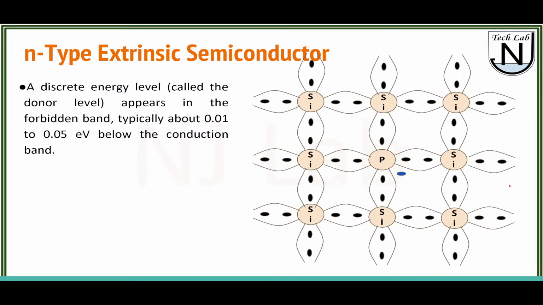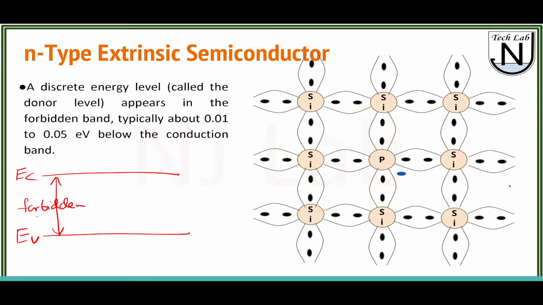Now about the energy band. We know that for a simple intrinsic semiconductor, this is the conduction band EC, this is the valence band, energy of valence band EV, and this is the forbidden gap or energy gap, right?